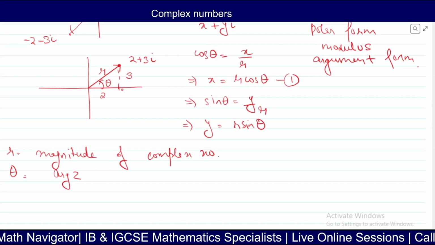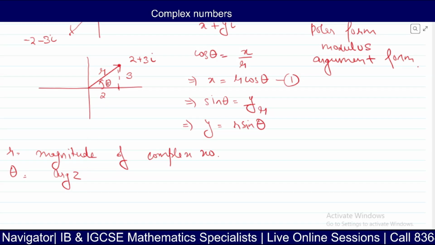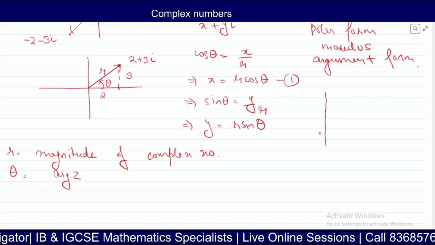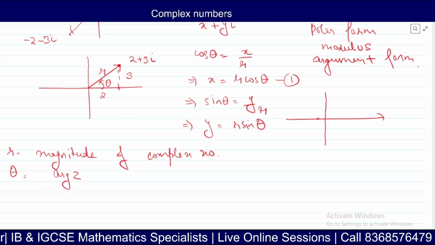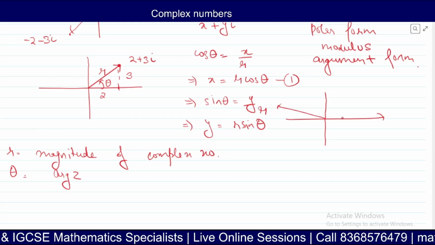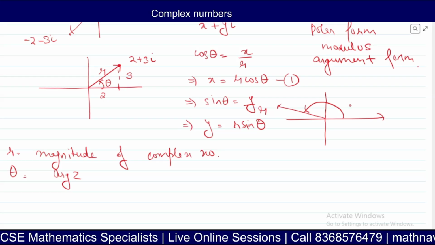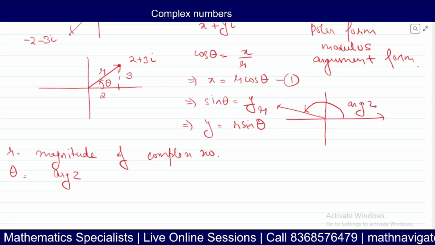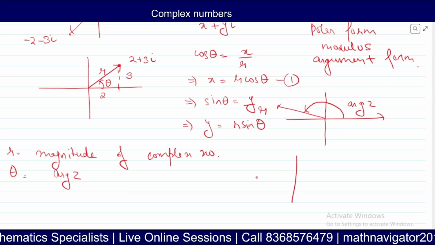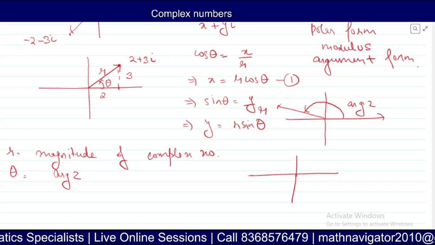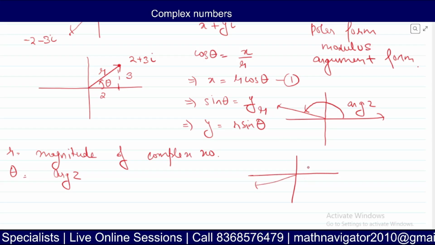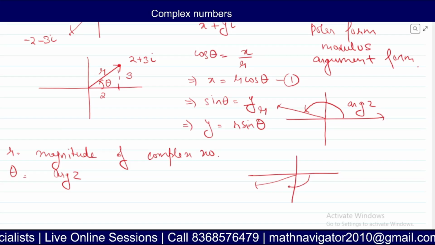Basically, what happens when we are talking about arg z, it is always taken from the positive x-axis. So if this is my angle, this will become my arg z. And when it is here in the third or the fourth quadrant, we don't take it from here, we take it like this.